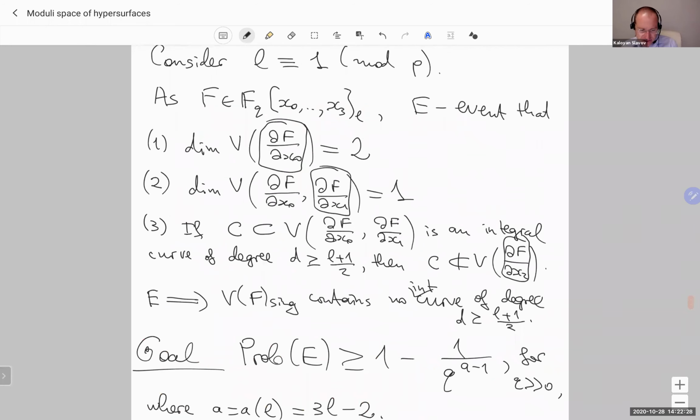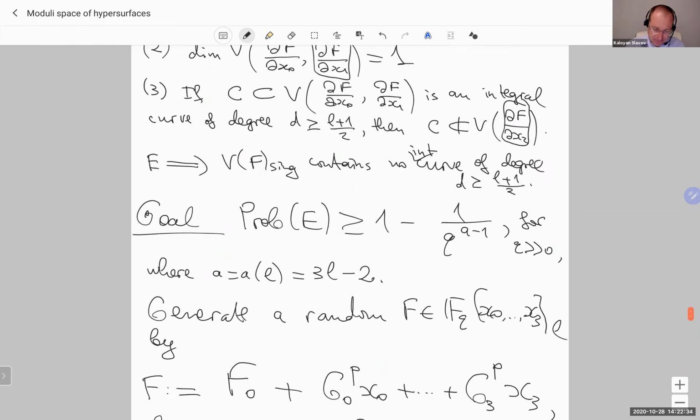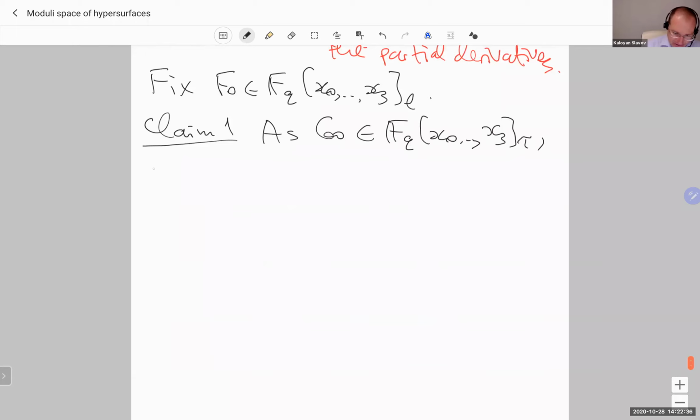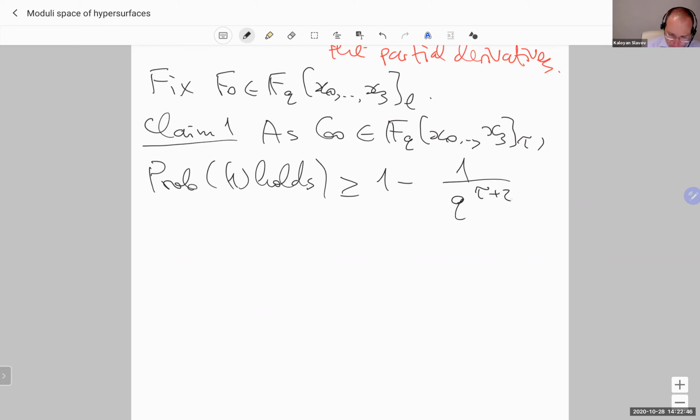I want the vanishing of the first partial to be two-dimensional. That is, I want the partial df/dx0 to be non-zero. The probability that 1 holds is greater than or equal to 1 minus 1 over q to the (tau plus 2 choose 2).